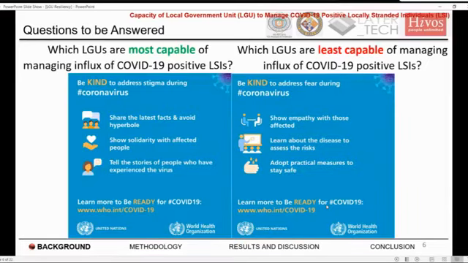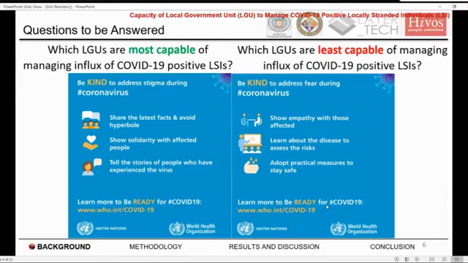The research questions we want to answer are: which LGUs are most capable of managing the influx of COVID-19 positive LSIs, and which LGUs are least capable of managing the influx of COVID-19 positive LSIs.